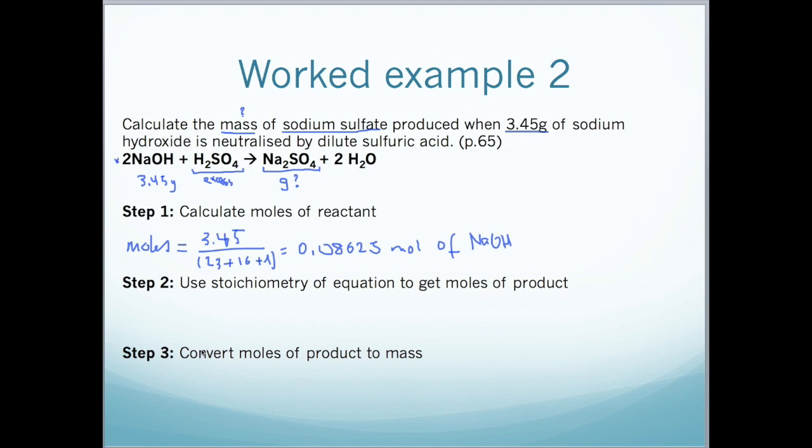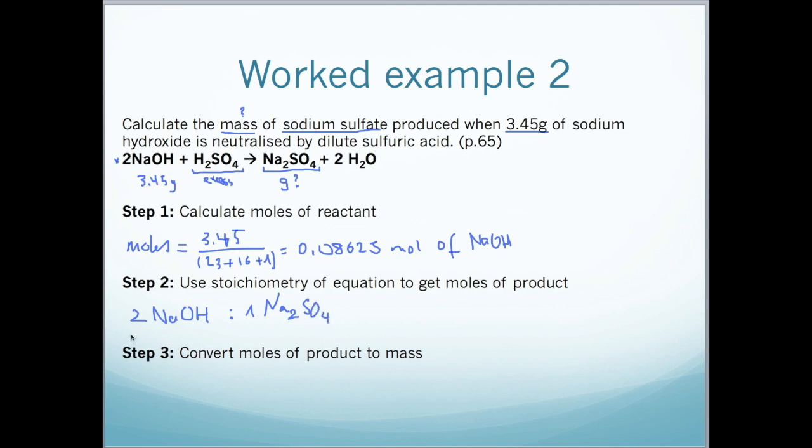So then, step 2, we need to use the stoichiometry of the equation to get the moles of the product. In the previous example, we had a 1-to-1 ratio, but in this case, we can see it's not. So we can write it out. We have 2 moles of NaOH, and the product that we're interested in is the sodium sulfate, as shown here, and there's only 1. So it's a different ratio now.